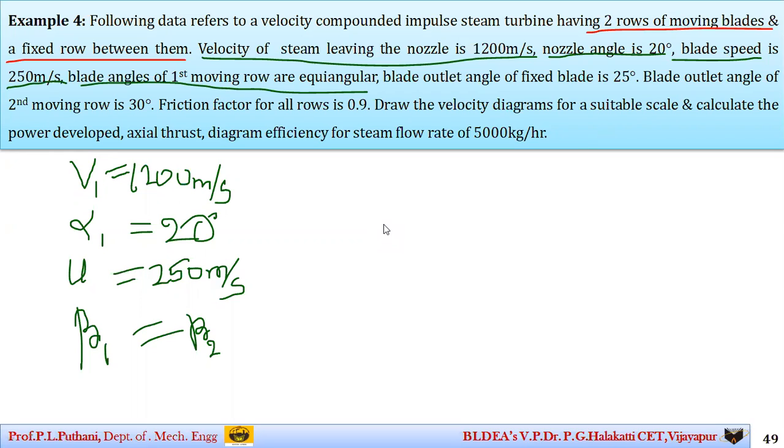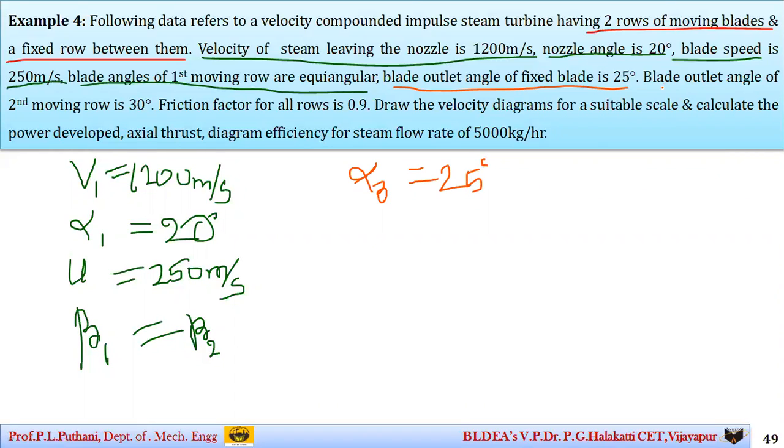For the second stage, the conditions are given below. The blade outlet angle of the fixed blade is 25 degrees. With respect to the first stage, the outlet becomes the second stage inlet, which means it becomes alpha 3. Alpha 3 is equal to 25 degrees.